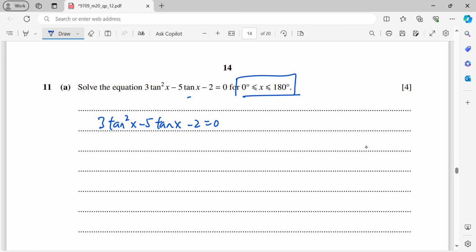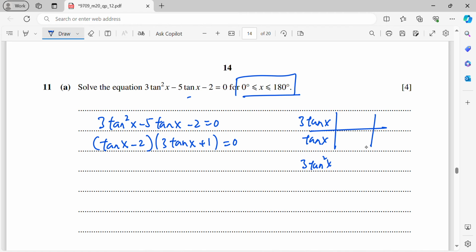So you will get (tan x minus 2) multiplied with (3 tan x plus 1) equals 0, which is like this. This is 3 tan x, here is tan x, to get 3 tan squared x. The 2 here means 2 and 1. But looking at the previous term, this is minus, so times with plus to get a minus.